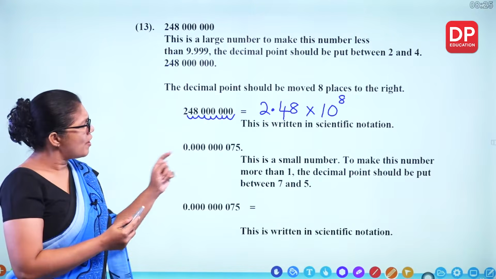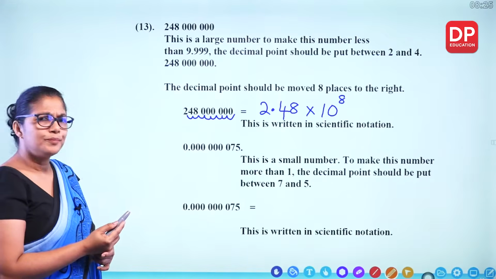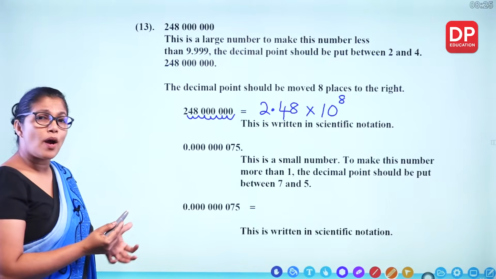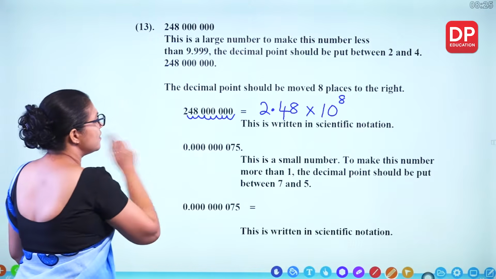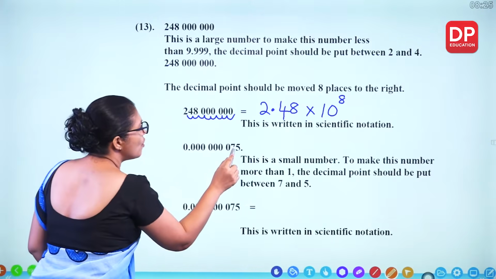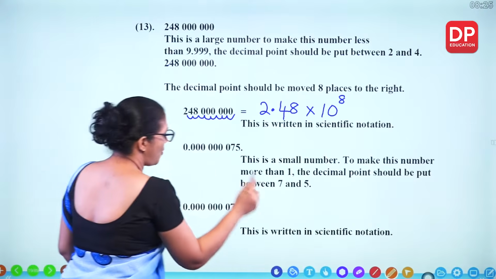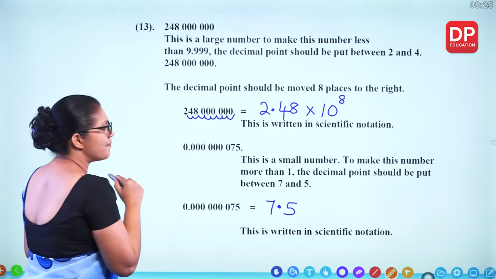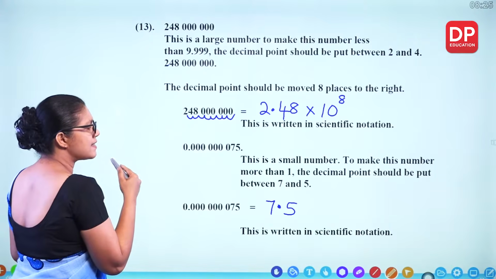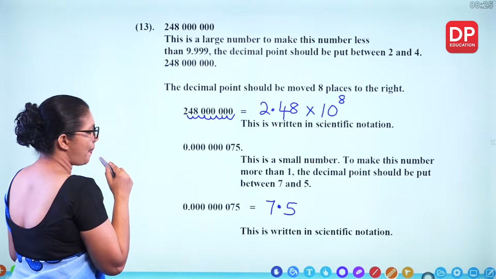This is a very small number. It's less than 1. How do you make it bigger, more than 1? You have to keep the decimal point in between 7 and 5. Now it's 7.5, less than 9.999.